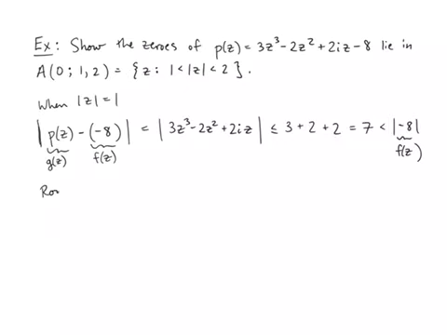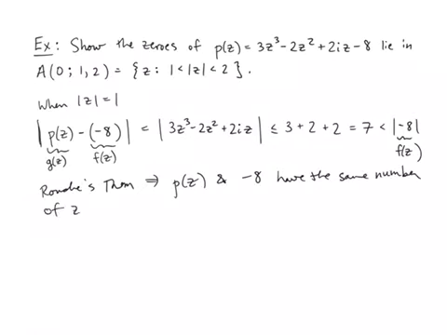So Rouche's theorem implies that p of z and negative 8 have the same number of zeros in the unit disk. So that's a nice shorthand: in the disk around 0 of radius 1. Oftentimes that's denoted by capital delta.